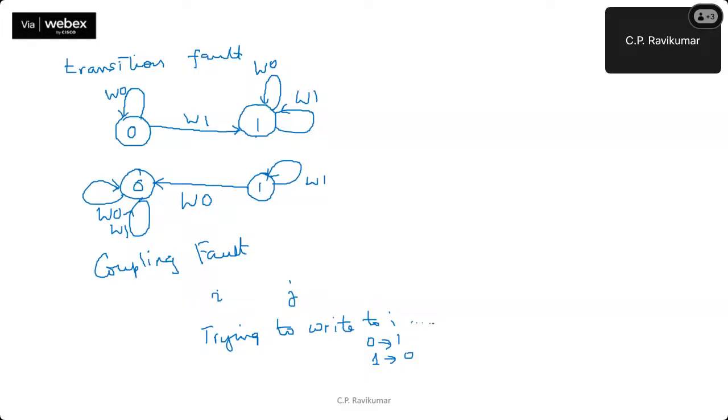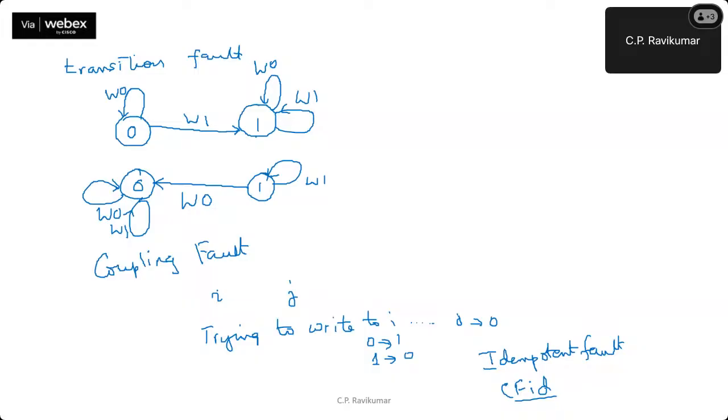This may cause some disturbance in cell J, and it may go to a very specific state, like J will become 0. So this is known as an idempotent fault. Some people write it as CFID, coupling fault idempotent.